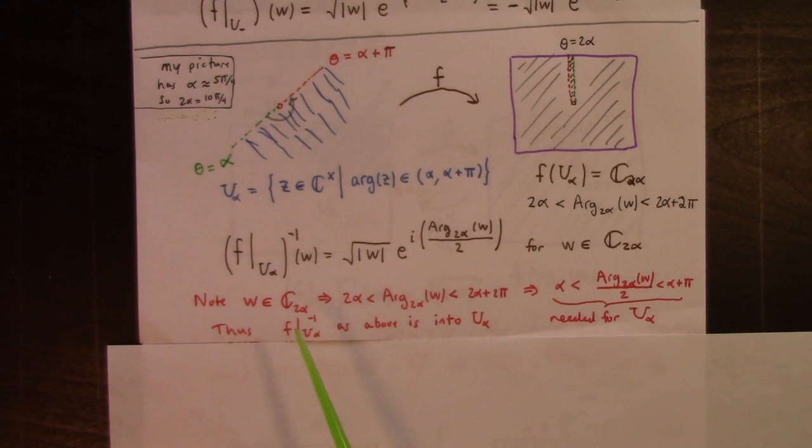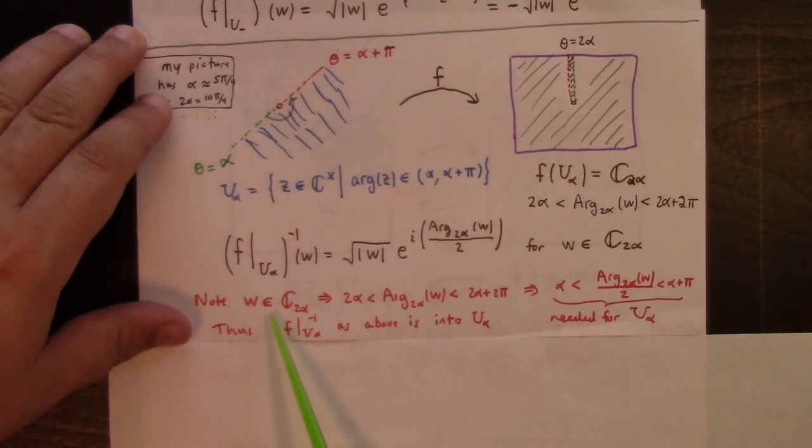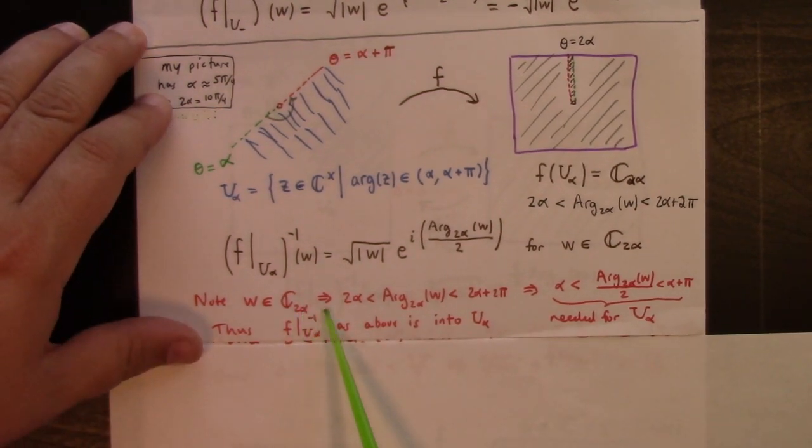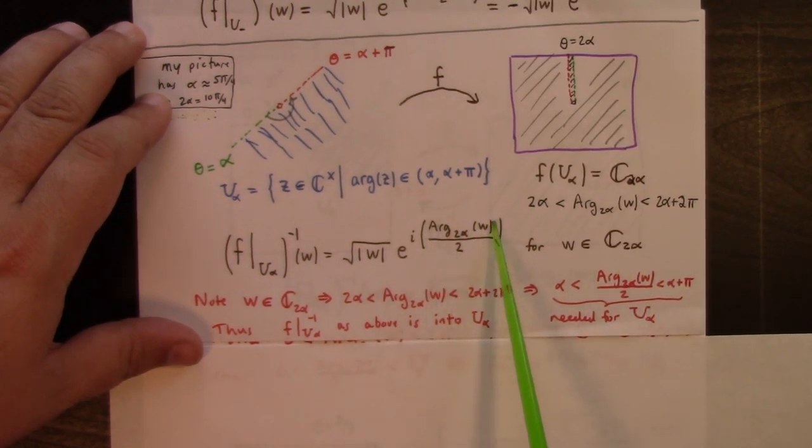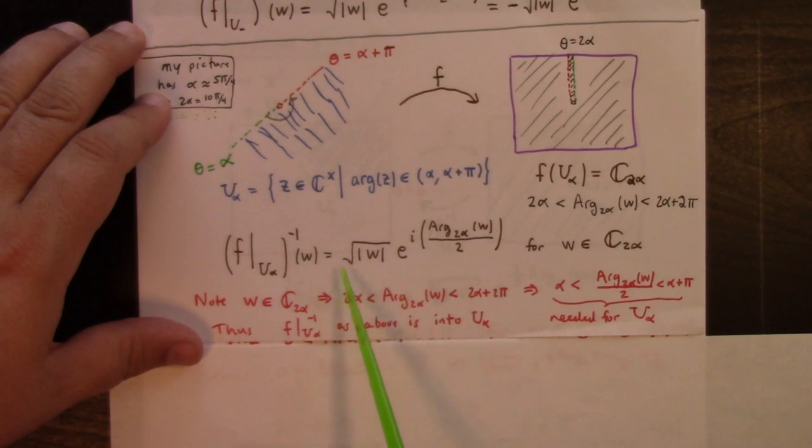But the key point here is that since w is in the slit plane with 2 alpha missing, that means we can say 2 alpha less than arg 2 alpha w less than 2 alpha plus 2 pi. If we divide that by 2, we get alpha less than arg 2 alpha over 2 less than alpha plus pi. And that is the angle that's present in this formula, right?